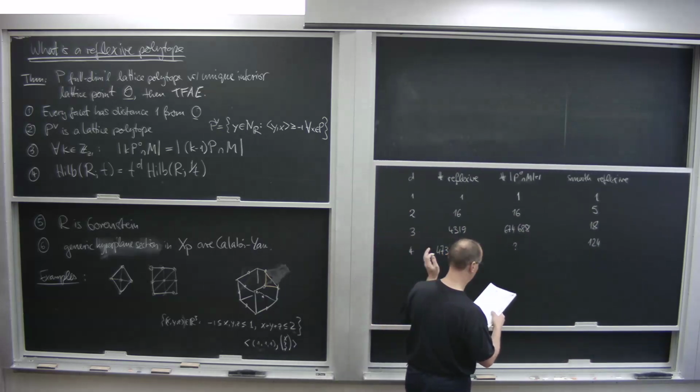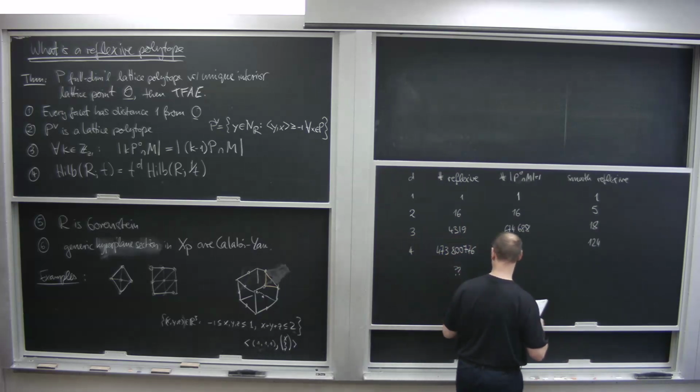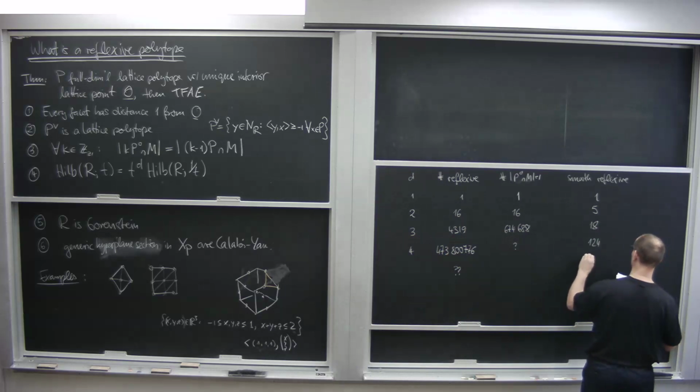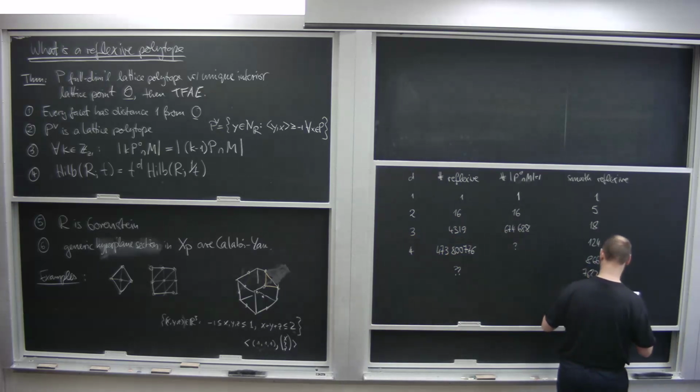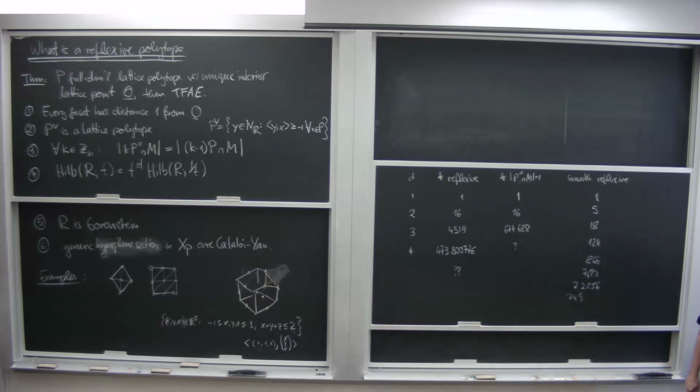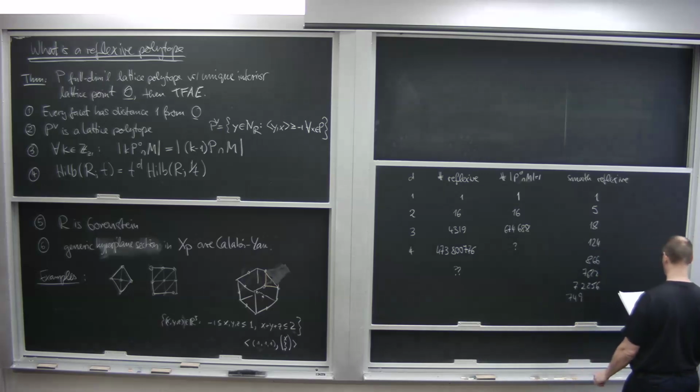And then, like everything else, this is completely out of the question. So this goes on a little bit: 866, 7622, 72256 smooth reflexive polytopes in the respective dimension.